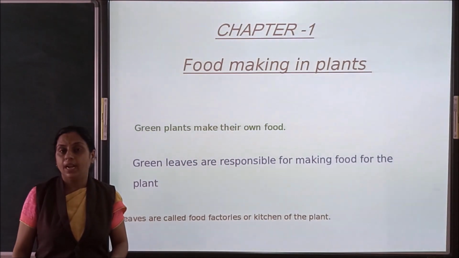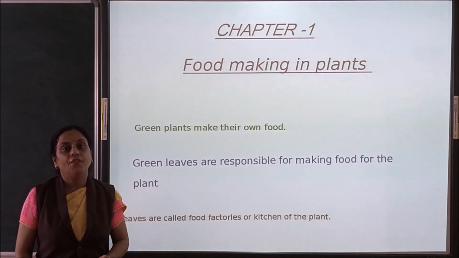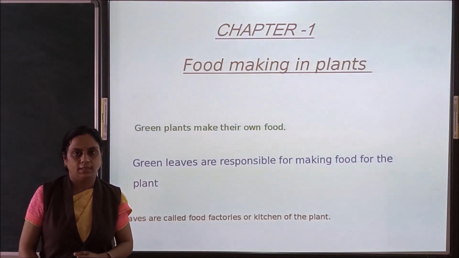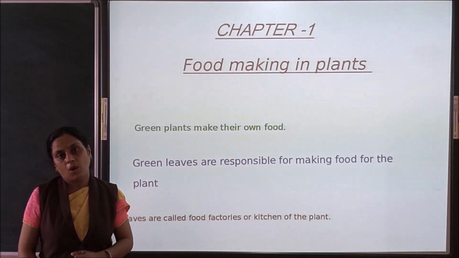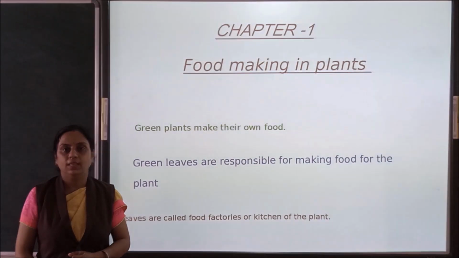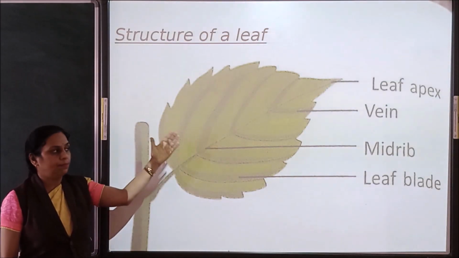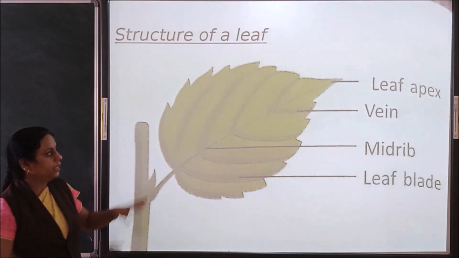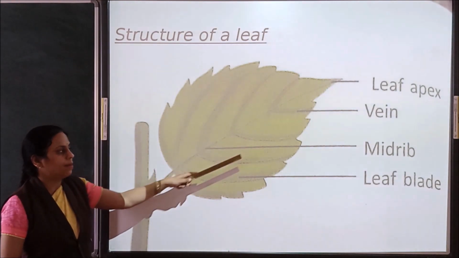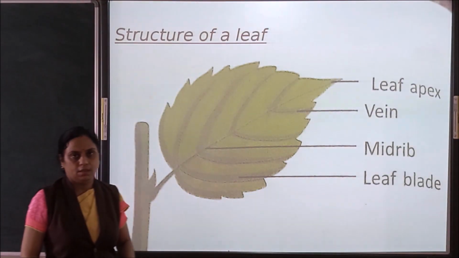There are different kinds of plants with different types of leaves of various shapes and sizes, but they all have common features. What are they? That we will study in the structure of leaf. See, this is the picture of a leaf. Now children, this green, flat and broad part is called the leaf blade.